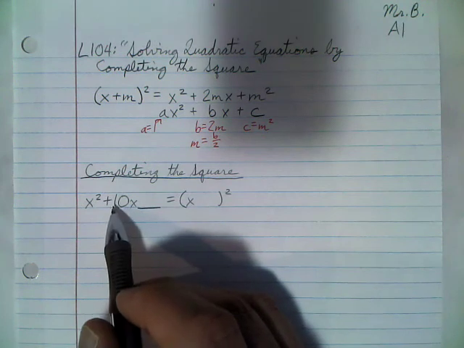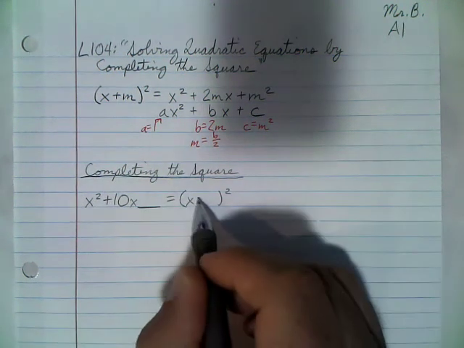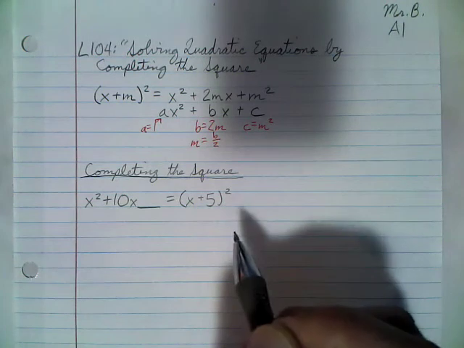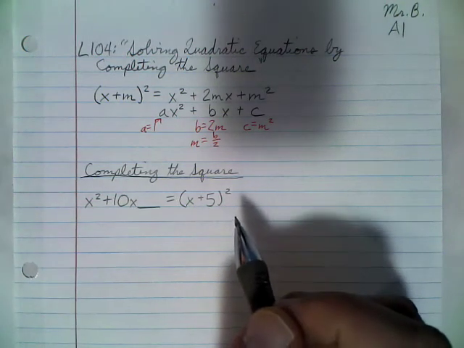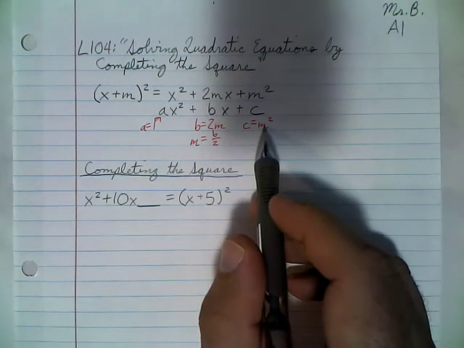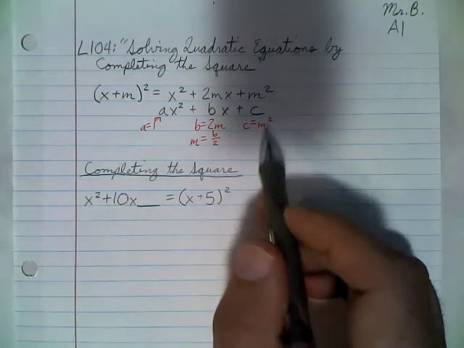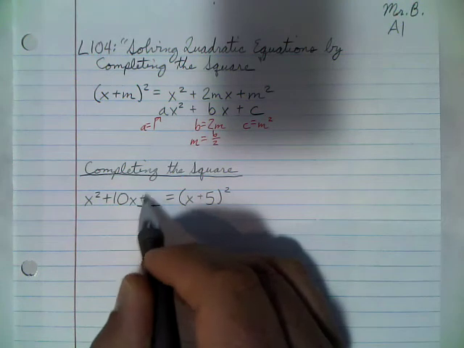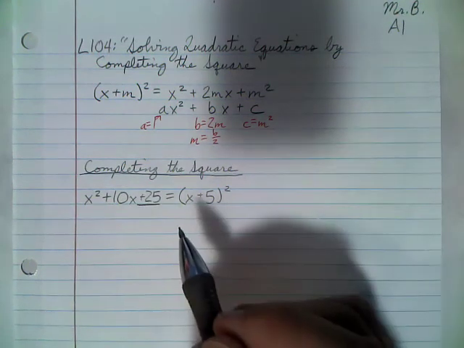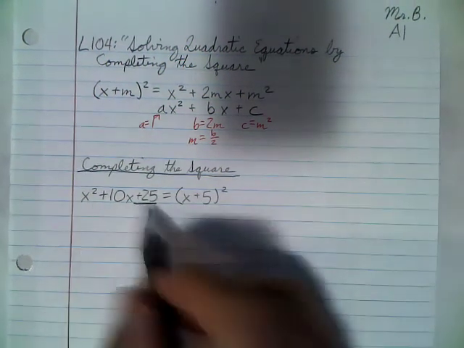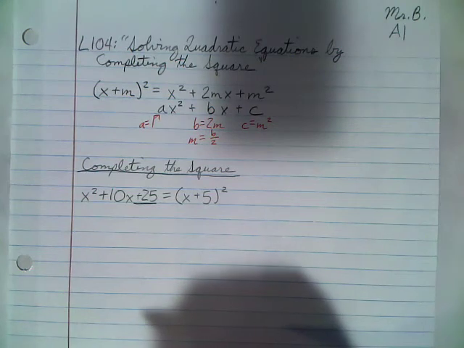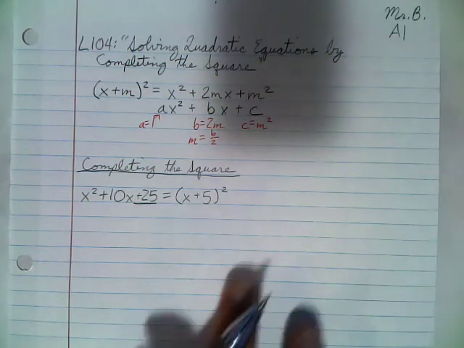Divide that by 2, and so this must be plus 5. So in order to find my constant c, we're going to take that m and square it. So 5 squared is 25. And that completes the square. Plus 25 completes the square.